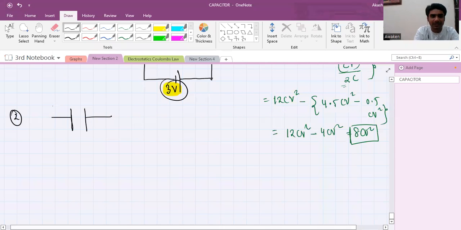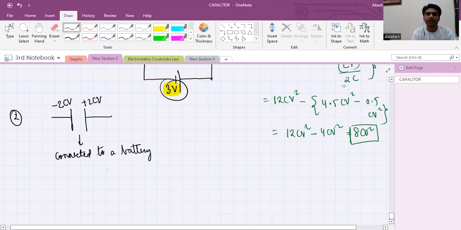The capacitor that is charged like minus 2 CV, plus 2 CV in this fashion, is connected to a battery like this. This is equal to P. The terminals will be connected in this fashion to the battery.